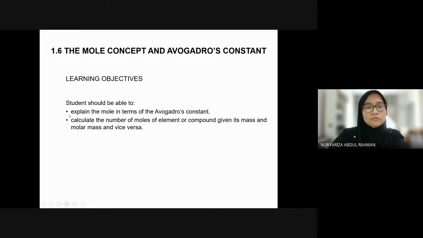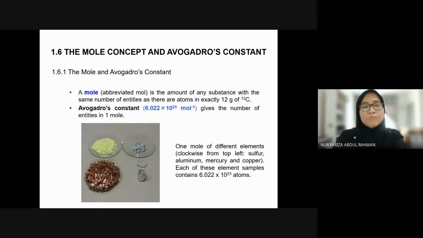We have 2 learning objectives for this subtopic. Make sure that you are able to explain the mole in terms of Avogadro's constant, then calculate the number of moles of elements or compounds given its mass and molar mass and vice versa. The mole and Avogadro's constant. A mole, abbreviated mol, is the unit.